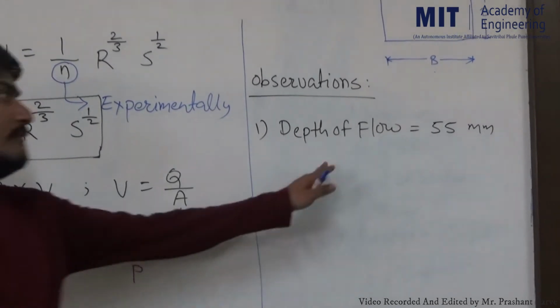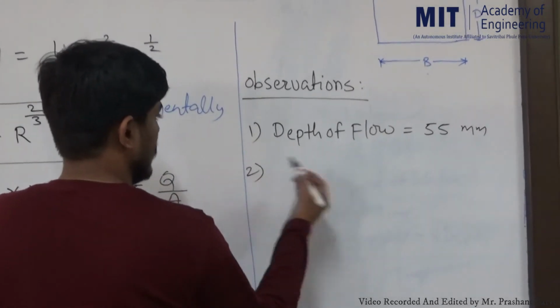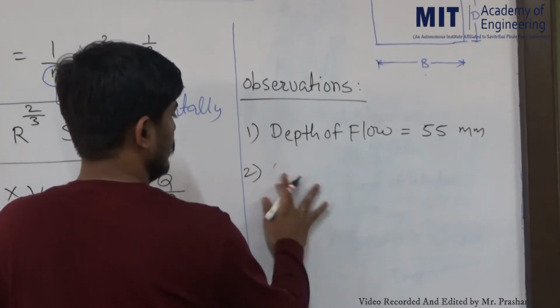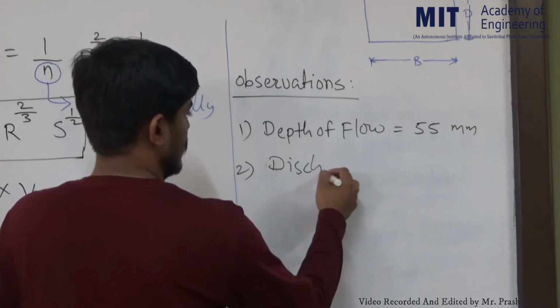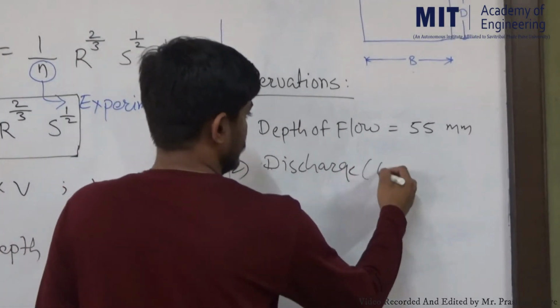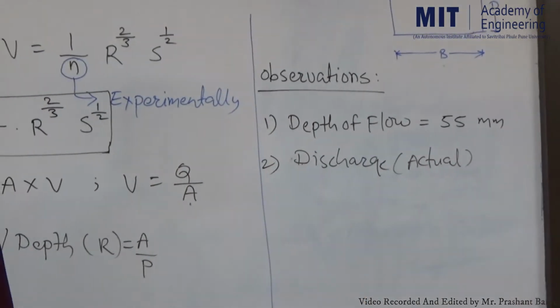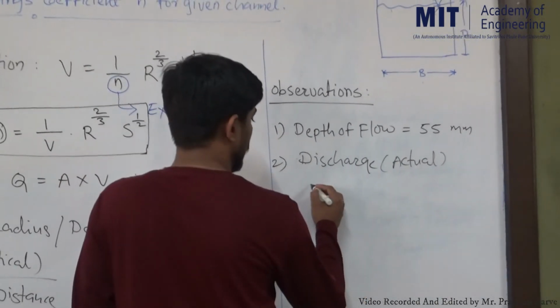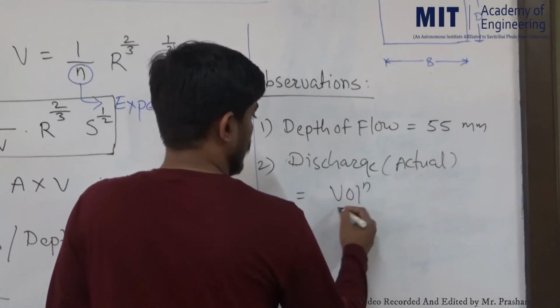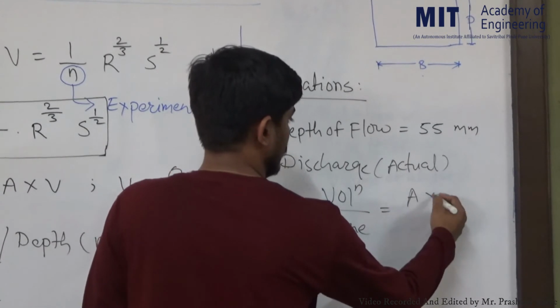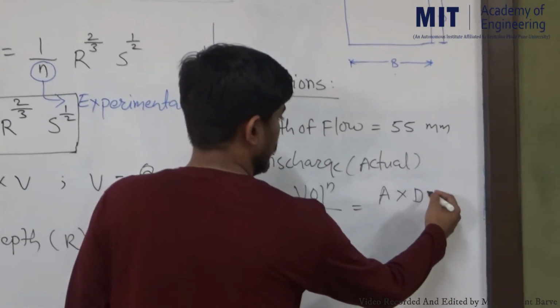Another observation we have made is the actual discharge. I will write here, discharge, that is actual, and we have determined this actual discharge with the help of the measuring tank, that is nothing but volume upon time. So volume is nothing but area of the tank into the depth of water.